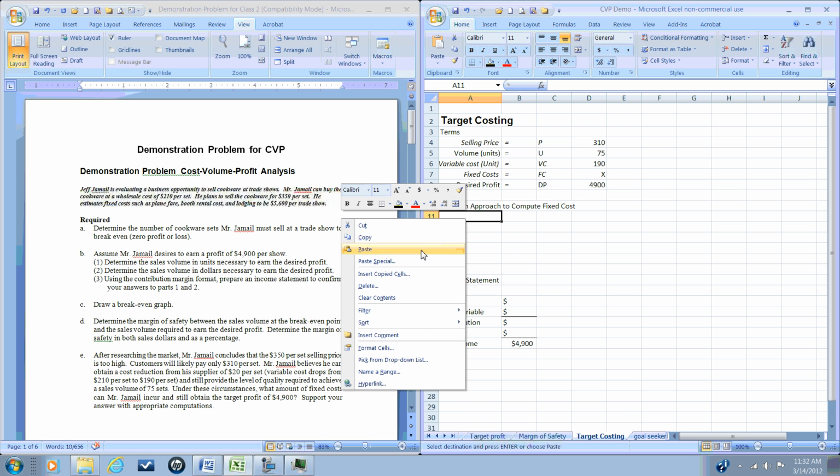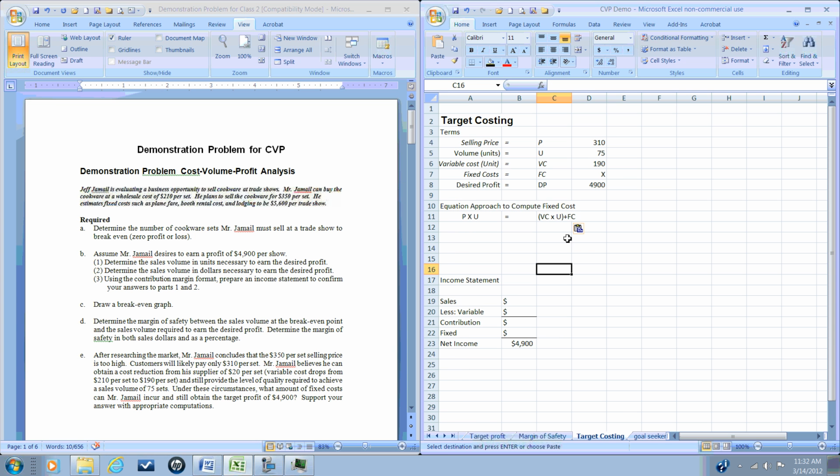This is our equation from the break even analysis, but here we're going to add our desired profit, and we're going to designate that to be DP. So now it says our total sales equals our variable cost plus our fixed cost plus our desired profit.